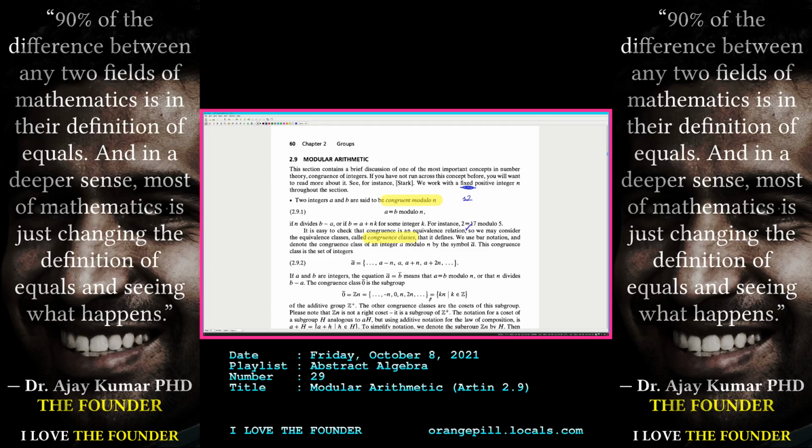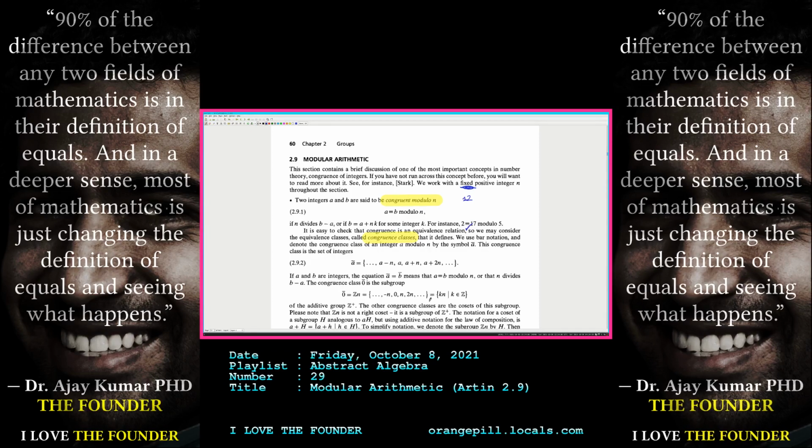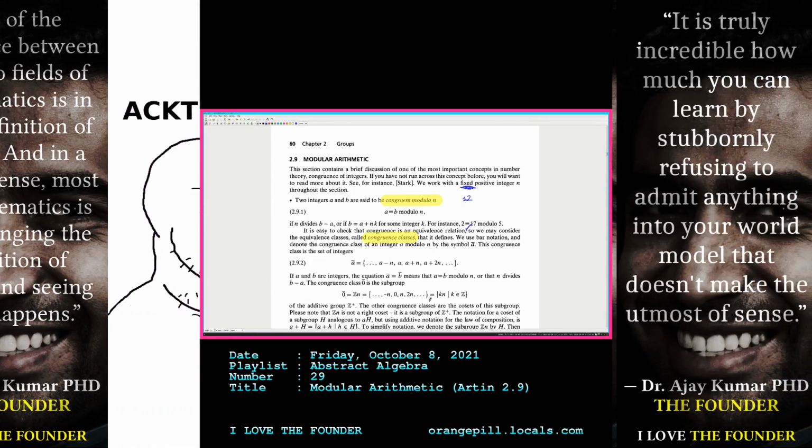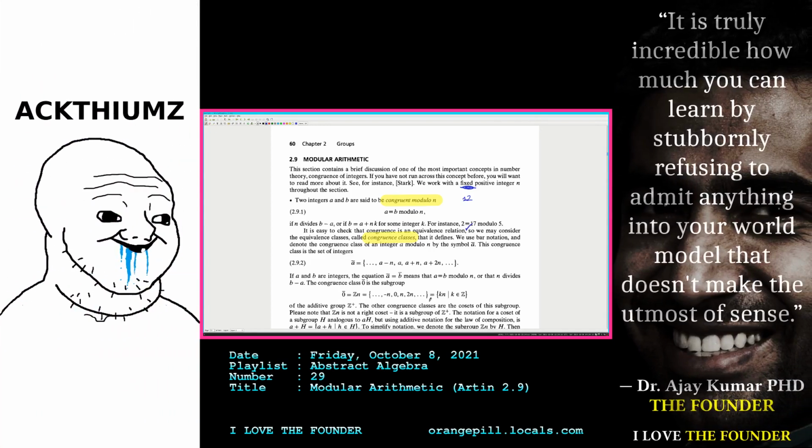So this congruence class, we use bar notation and denote the congruence class of an integer a, mod n, by the symbol a bar. This congruence class is a set of integers. A bar is the translates of a, or the orbits of a under Z mod n. Maybe that's a better way to think about it.